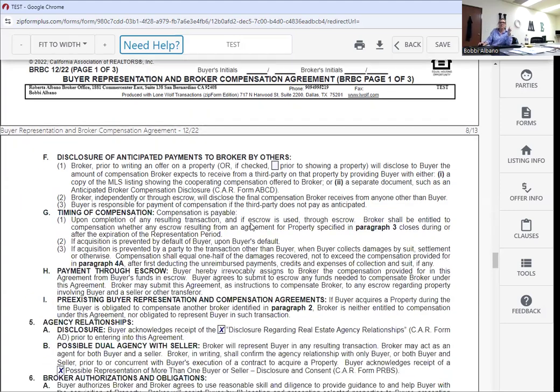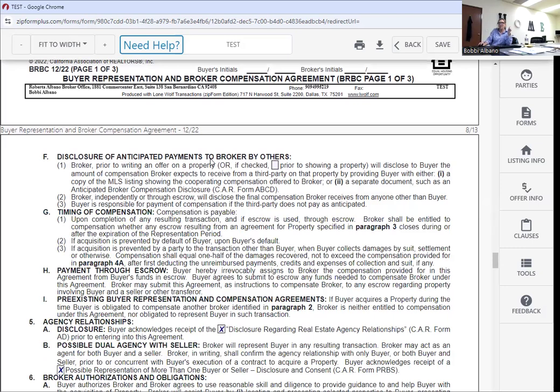So next question, disclosure of anticipated payments to broker by others. If the broker, prior to writing an offer on a property, or if checked prior to showing the property, will disclose to the buyer the amount of compensation broker expects to receive from a third party on that property by providing buyer with either a copy of the MLS listing showing the cooperating compensation offered to the broker, or a separate document such as an anticipated broker compensation disclosure.